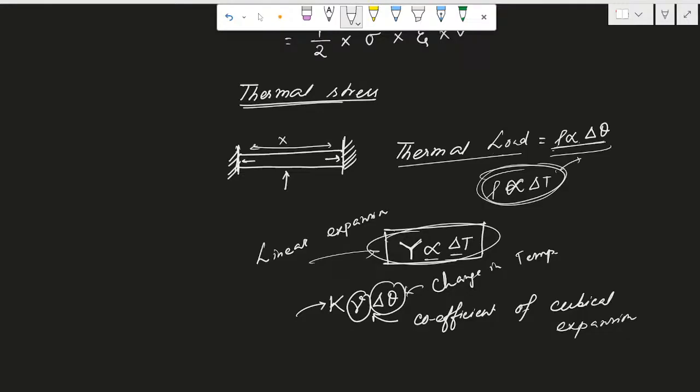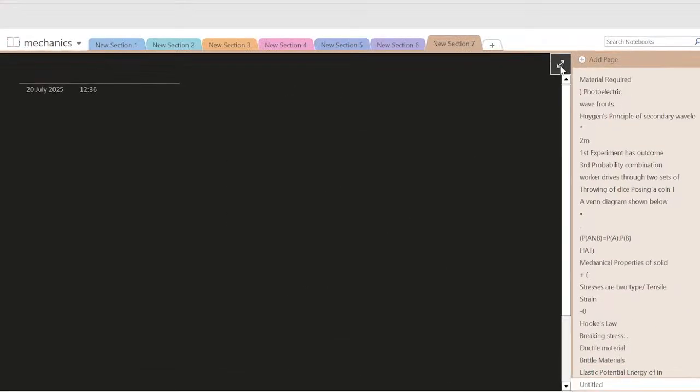Now here we have one relation, the interatomic force constant. This is an important small formula.